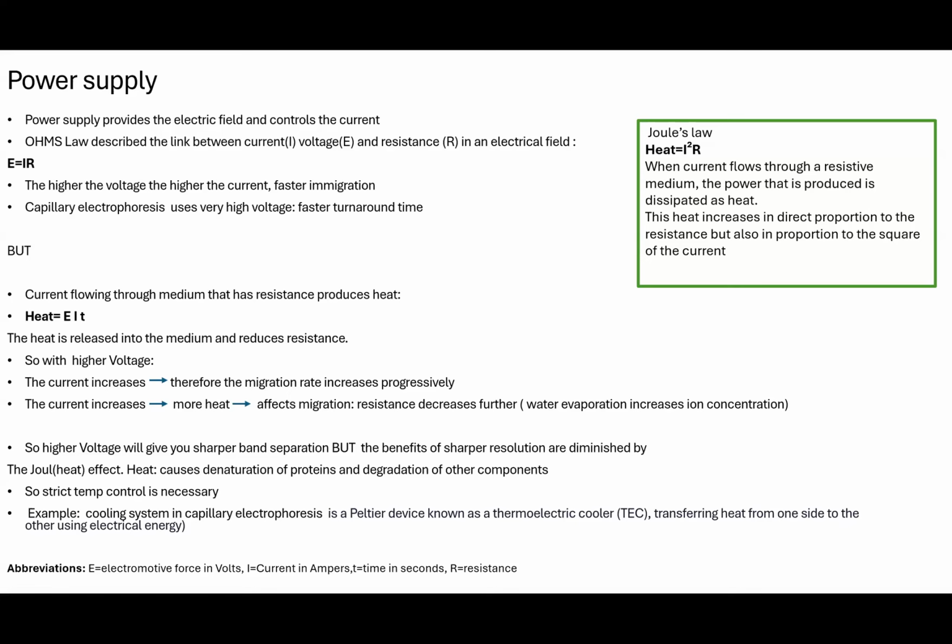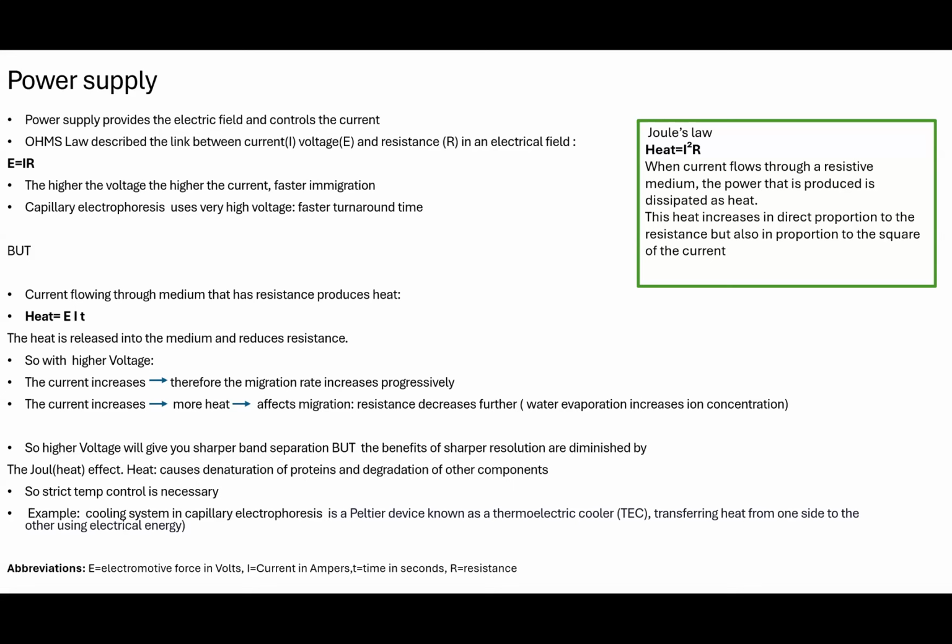Just a quick summary. With higher voltage, the current increases, therefore migration increases progressively. But when current increases, we have higher resistance and more heat is generated, which then affects migration. You can see Joule's law, which I put in a green box.